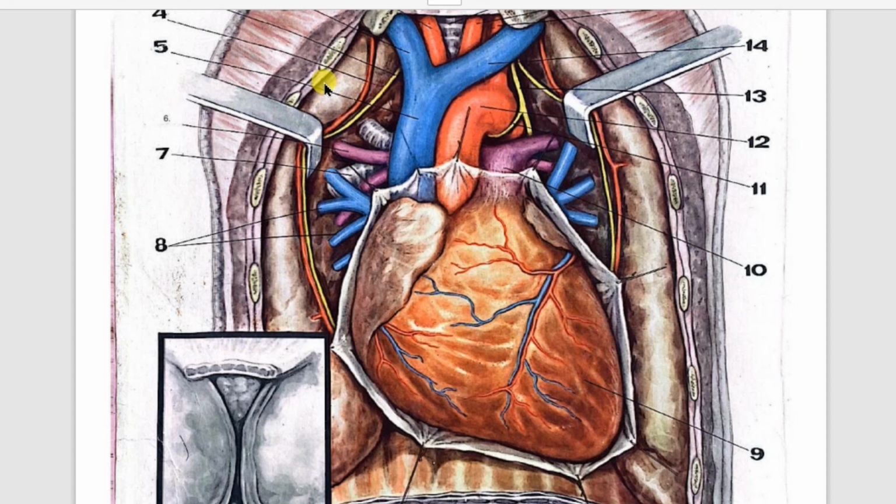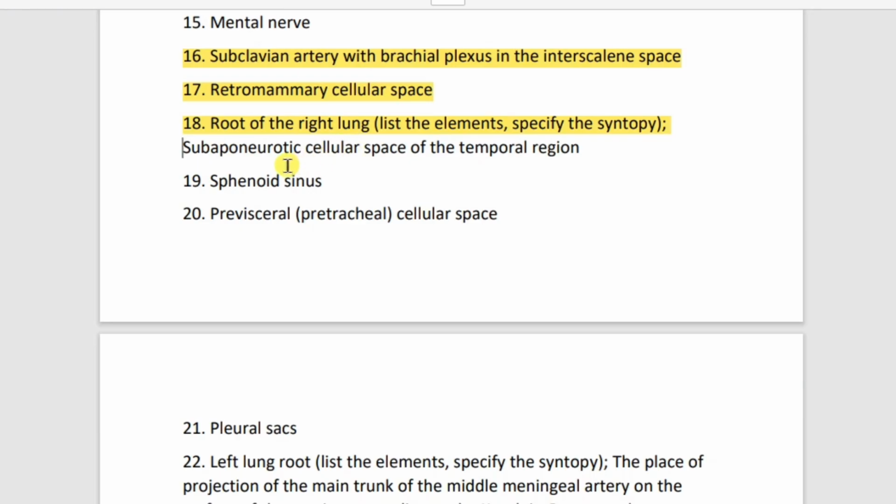And the skeletotopy: the root of the lung is located at the level of the thoracic vertebrae, from T5 to T7. Okay, so next you have to show the subaponeurotic cellular space of the temporal region.